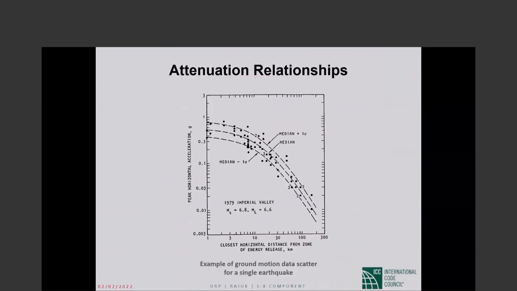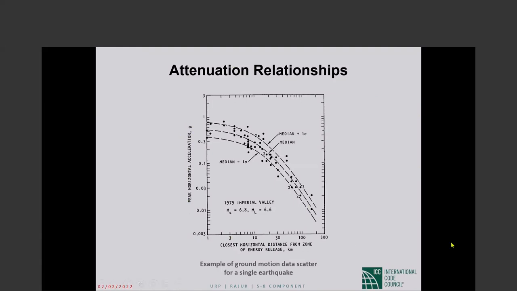Very, very typical. Now, the attenuation that we saw in one way in the picture is typically captured by relationships like this. Here, we are plotting peak horizontal acceleration on the y-axis. It doesn't have to be that. It could be velocity, could be whatever. But peak horizontal acceleration, that's pretty commonly plotted.